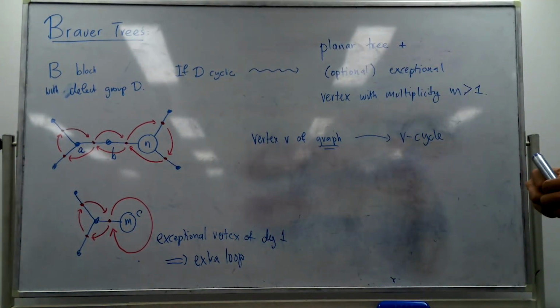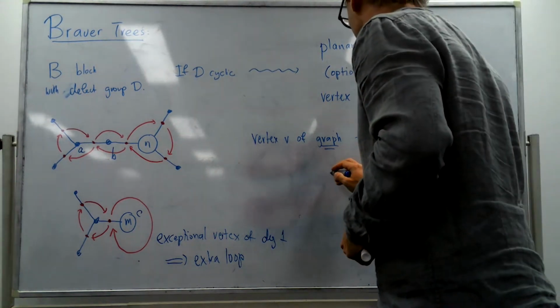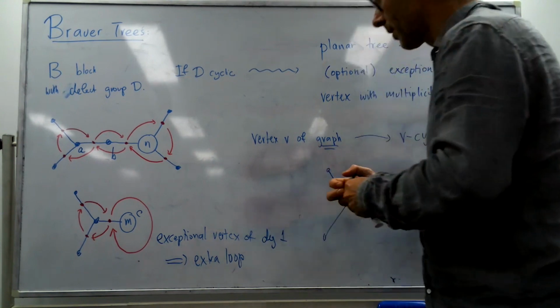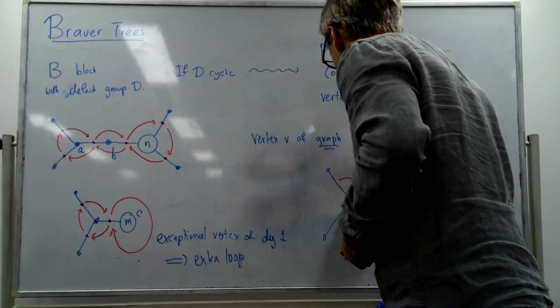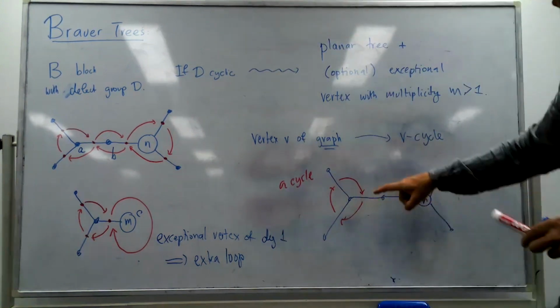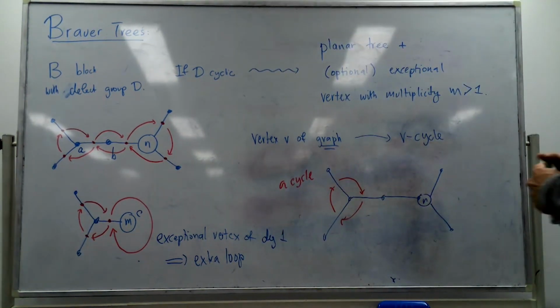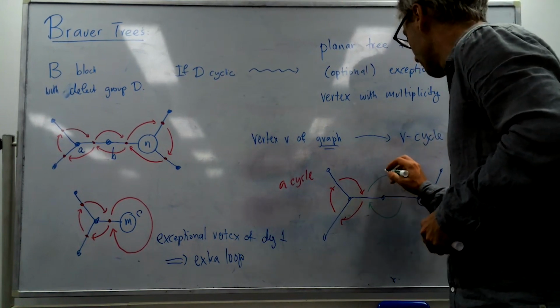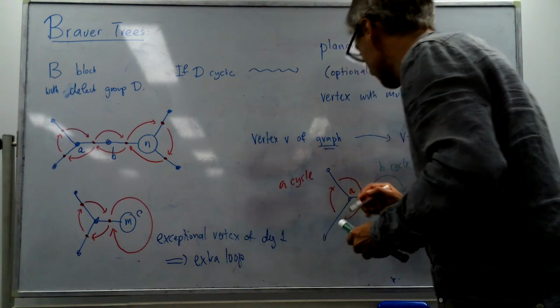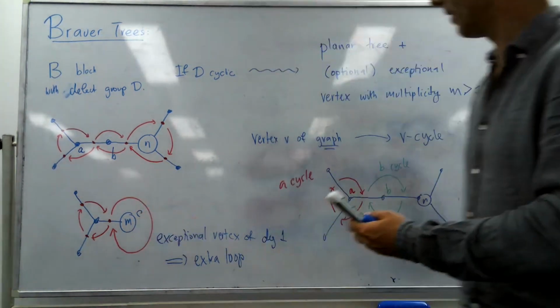In our example here, this is an A cycle, the cycle around that vertex. And this is a B cycle. And that is a C cycle.